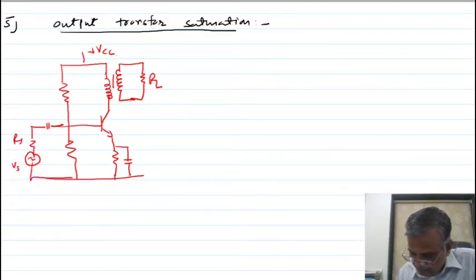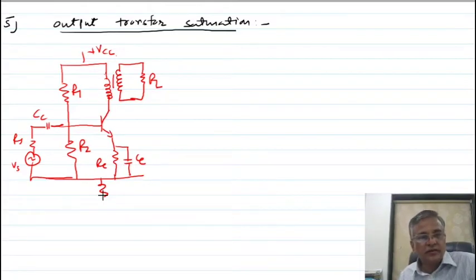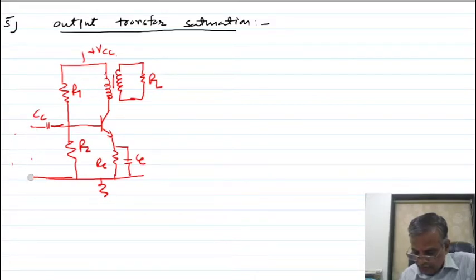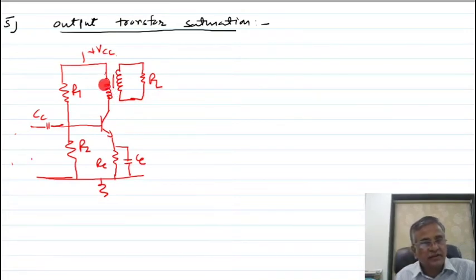Vs, Rs, coupling capacitor, R1, R2, RE, C and ground. When no signal is given, DC current is passing here. As DC current is passing, the coil of the primary will magnetize, so flux is associated with the primary.